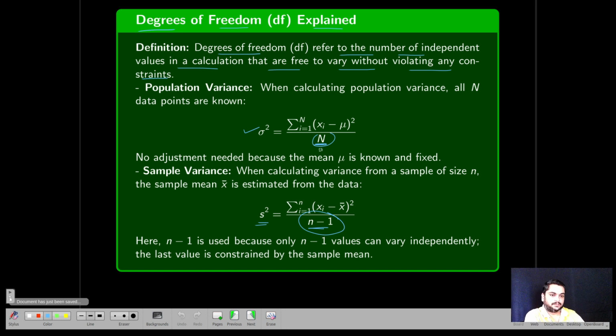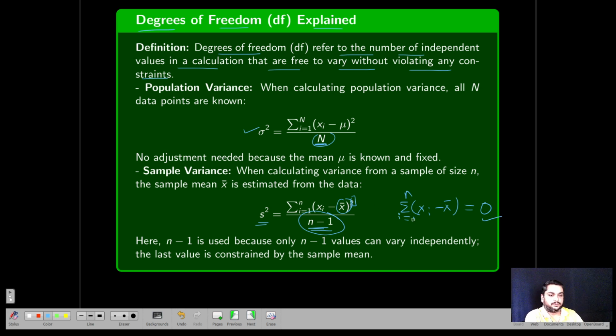Now, that is the reason why I divide by n minus 1. See, if you remove the square and just add them, the sum over i equal to 1 to n of xi minus x bar, I'll get 0. Since there is a square, I'm getting the variance.